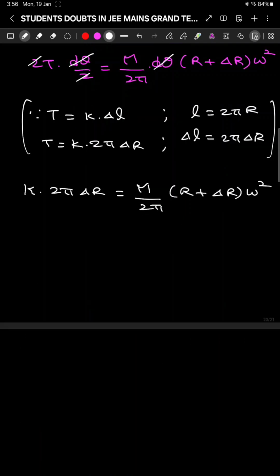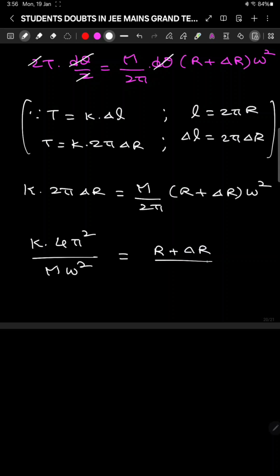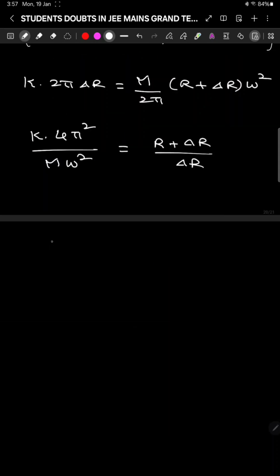Now you can bring all r terms to one side. So k into 2 pi into 2 pi, 4 pi square, by m omega square equals r plus delta r by delta r. We know delta r value. Delta r means change in radius, final radius minus initial radius. You are asked to find r dash value, the final radius only.